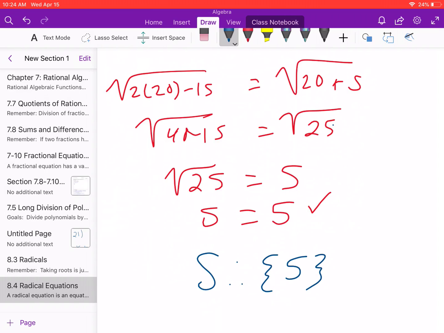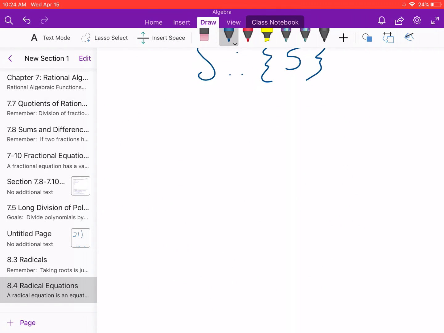Let's go ahead and look at one more. This one is the most challenging example I'm going to show you. For this one, we're going to solve the square root of x plus 2 plus the square root of x minus 1 equals 3.